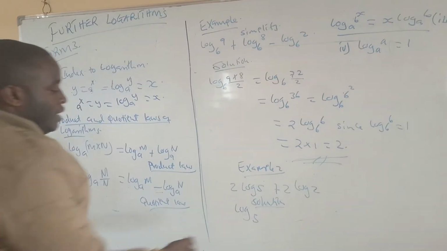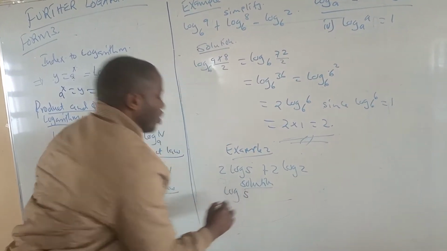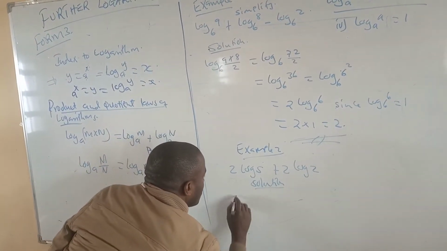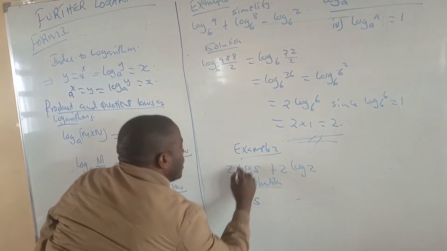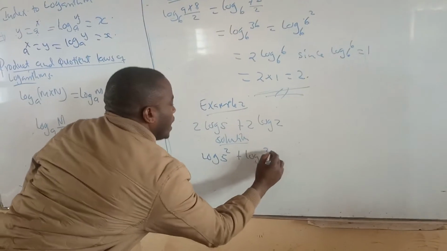So this one means it's log of base 10. It means when it's just log, the base is 10. So this becomes log 5 squared plus log 2 squared.